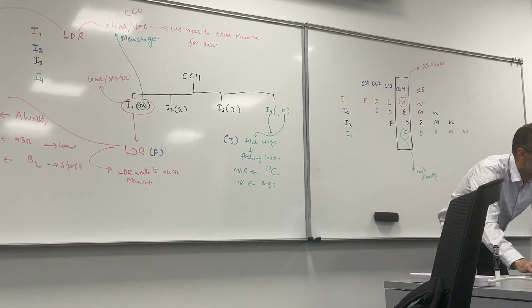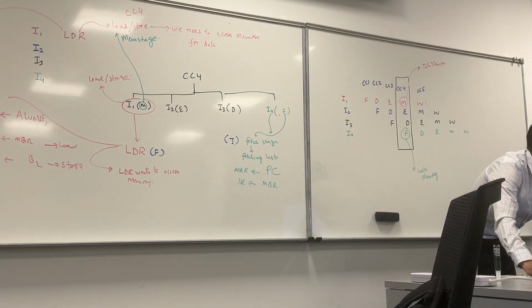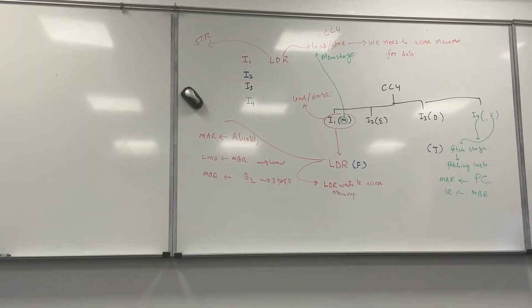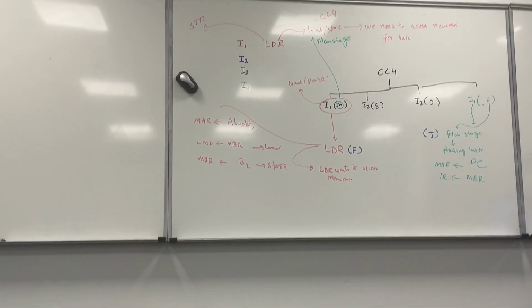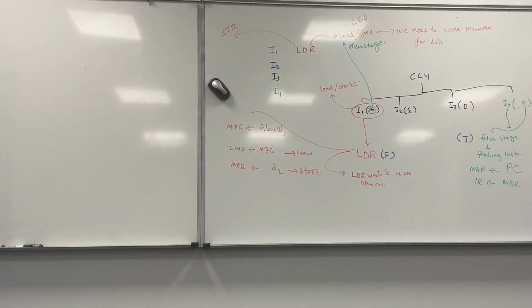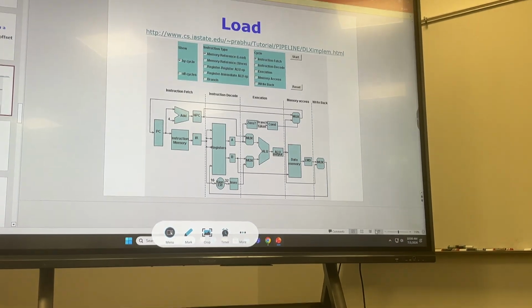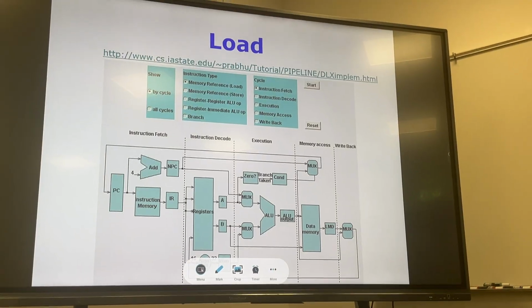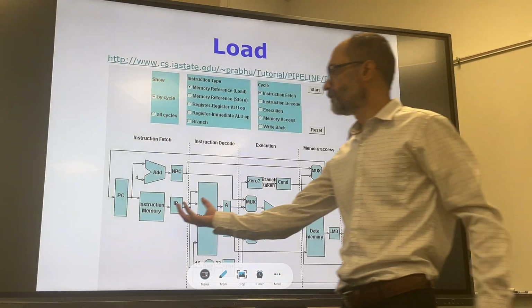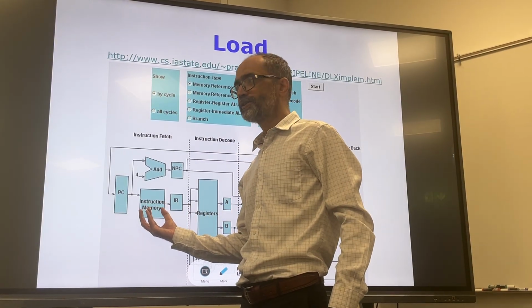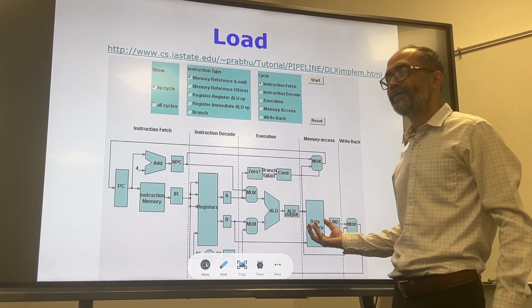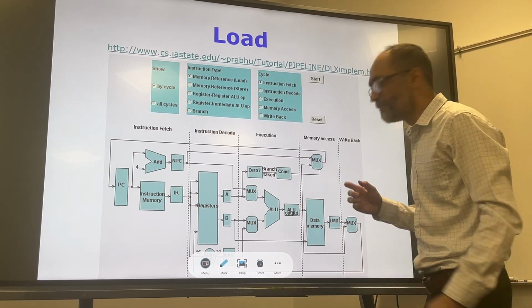And remember, this is the reason for two memories. Now if you look at the classical pipeline example that we did here, what is this memory? Instruction memory. And what is this memory? Please remember this.